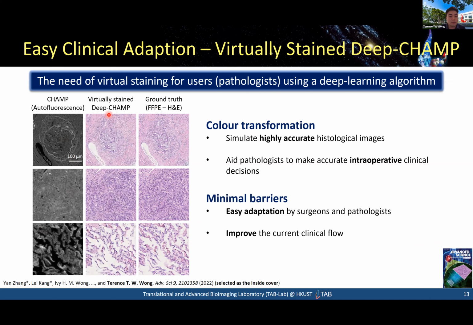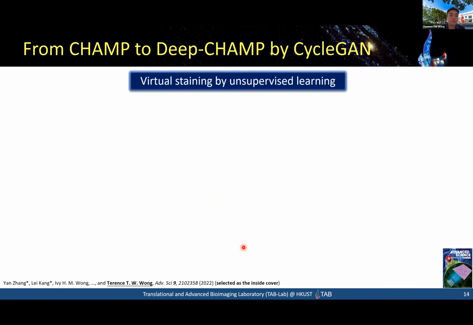This is what we call virtually stained deep CHAM images. I believe it is really hard for you to tell the differences between the two. That's really the goal of the whole process. It's a user-driven application, or need, I would say, so that there is an easy adaptation by surgeons and pathologists, and eventually really improves the current clinical workflow.